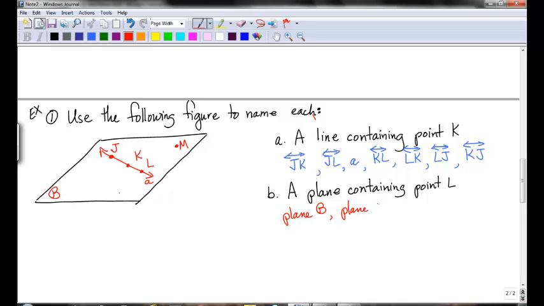Plane J, K, nope. Can't be collinear. Amanda? Plane L. And then what was the second one? MK. Yes, Riley, did you get it fixed? Yeah. Plane what? What's another one? Plane M. Or JMK. Those are non-collinear. Several answers, keep going.